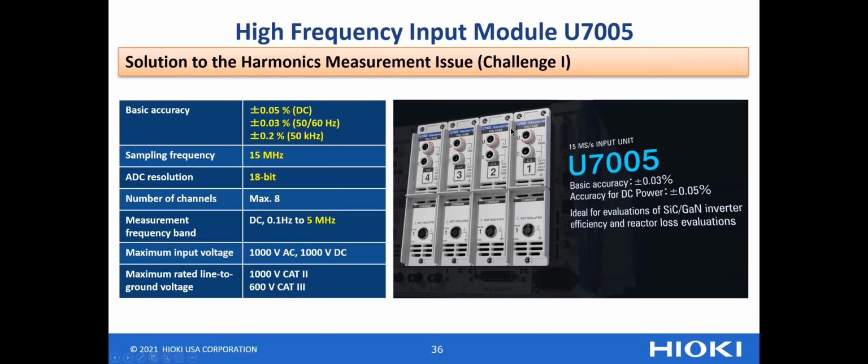Accuracy-wise, the DC accuracy and the 50 kilohertz accuracy is much superior to existing power analyzers available in the market. So you can do the most accurate power analysis with this input module, minimizing harmonics measurement issues.